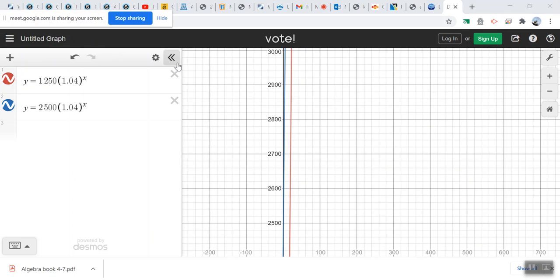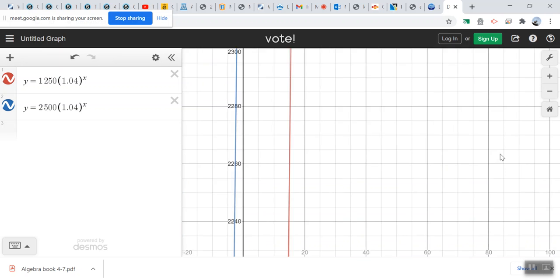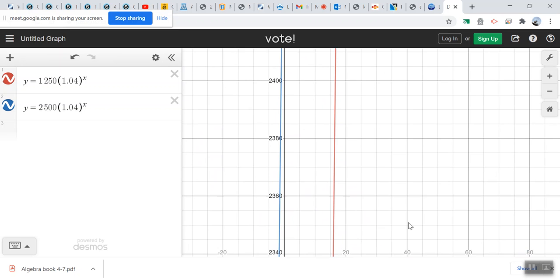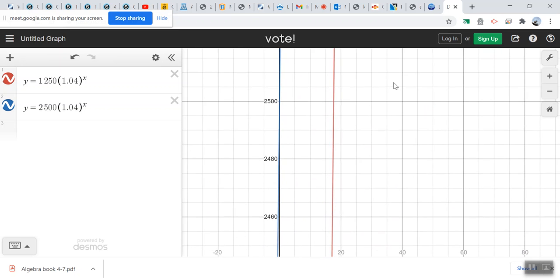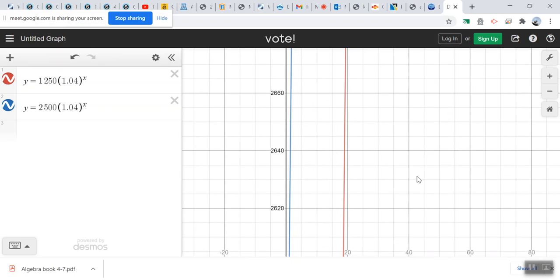So what do you notice is happening with these two graphs? I know it's pretty hard to see right now. What's happening with these two graphs? We're all looking closely at the graphs.